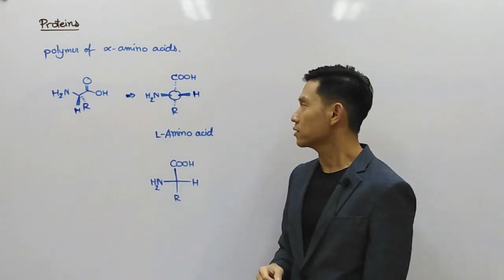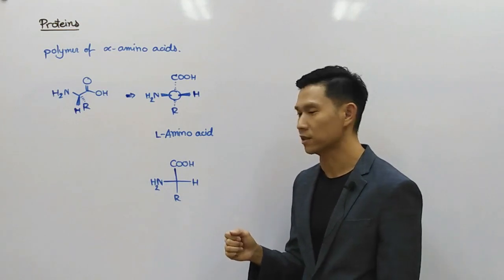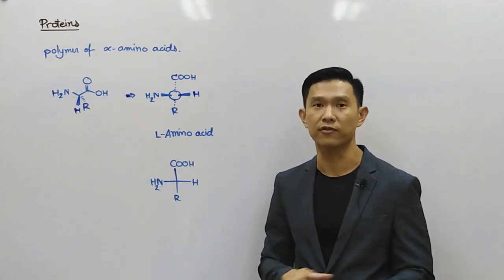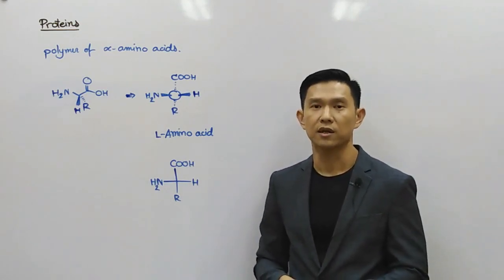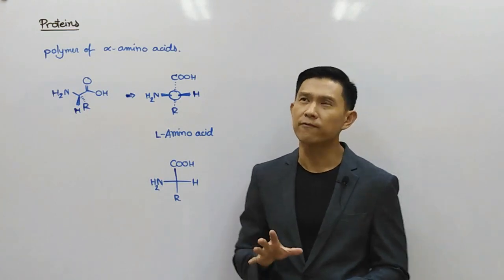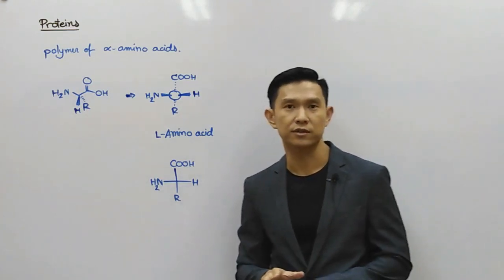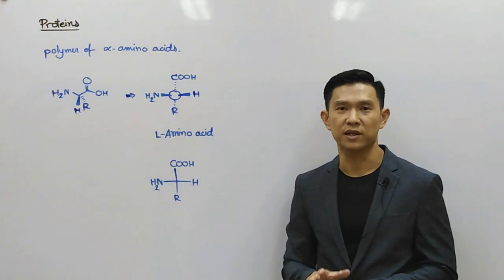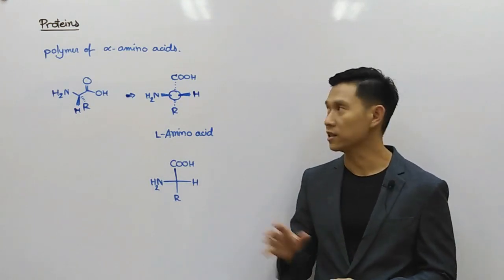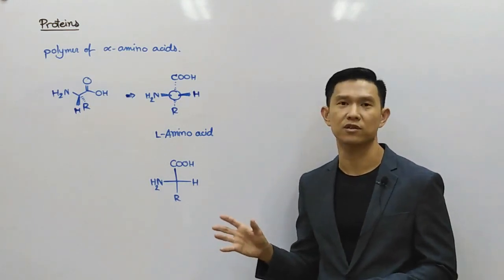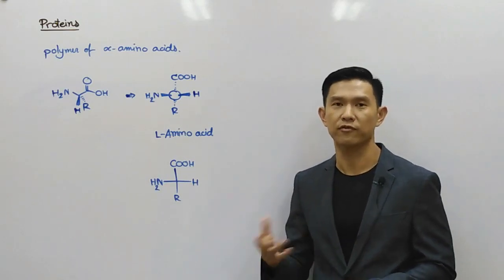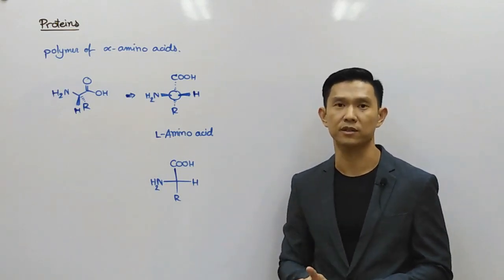In nature, we have several alpha amino acids in proteins. It can be up to about 500 alpha amino acids. But when you studied biology in high school, we already talked about 20 amino acids.